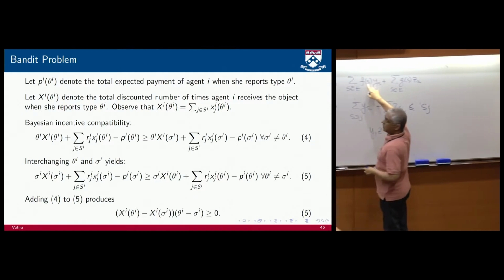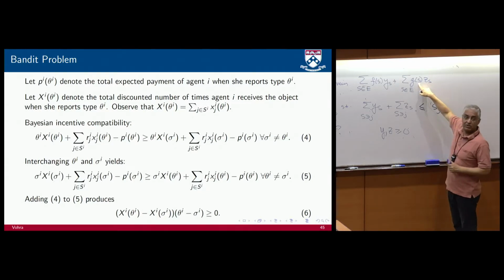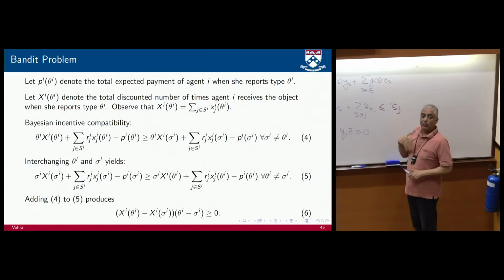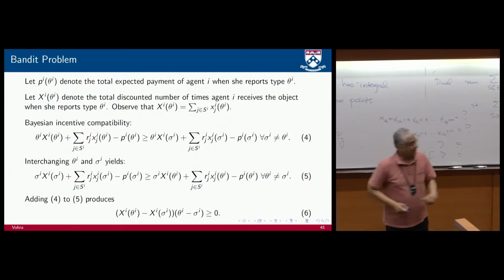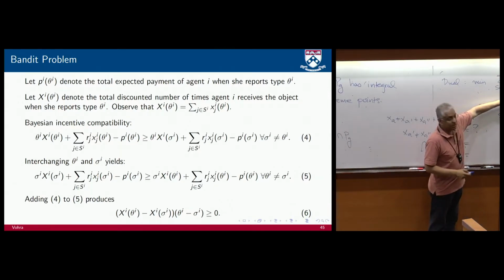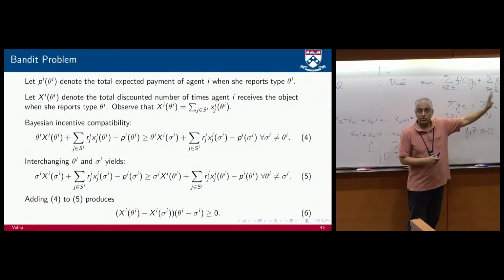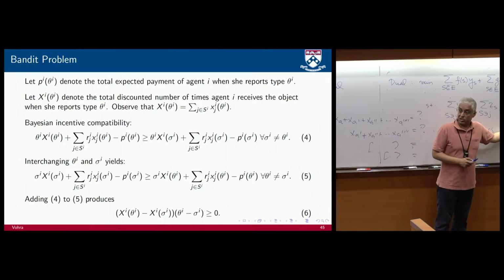This is agent J's utility from consuming a bundle S. Agent 1's, this is agent 2's utility from consuming a bundle S. Your goal as the social planner is to allocate a collection of indivisible goods to the two agents so as to maximize total utility. What would an allocation be? It would be a decision about which subset of goods should go to which agent. And so the constraint would be, these are the subsets of goods containing element J that go to agent 1. This is the subset of goods that contain element J that go to agent 2. The total number of such subsets cannot exceed the available supply of good J.